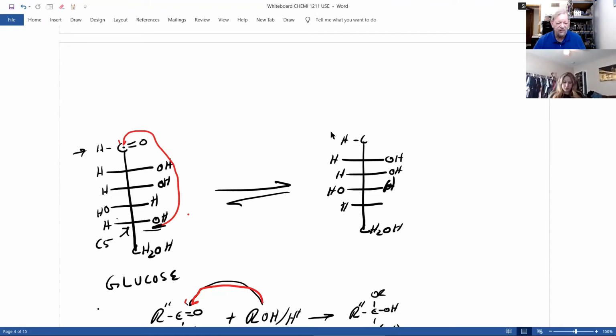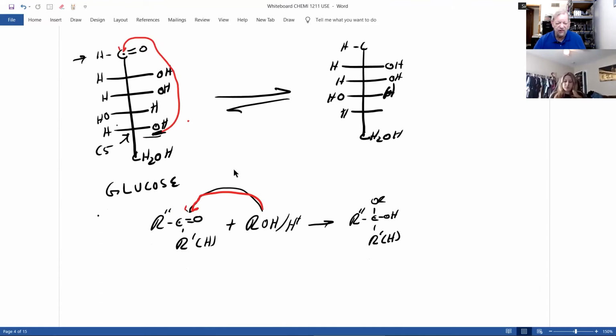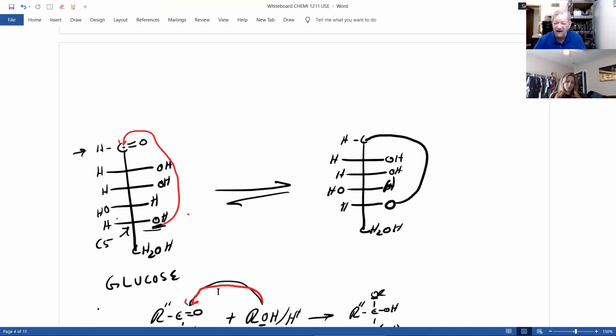And this oxygen becomes this oxygen bonded to that carbon. That's not an arrow, that's the actual bond. And then that will also have a hydroxyl group.